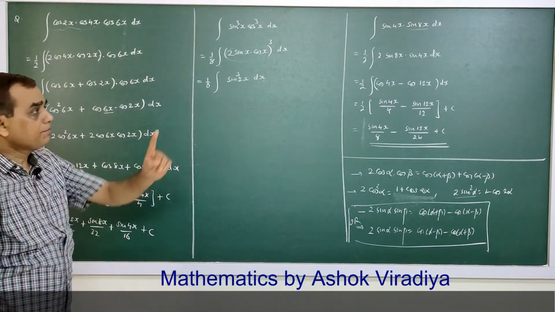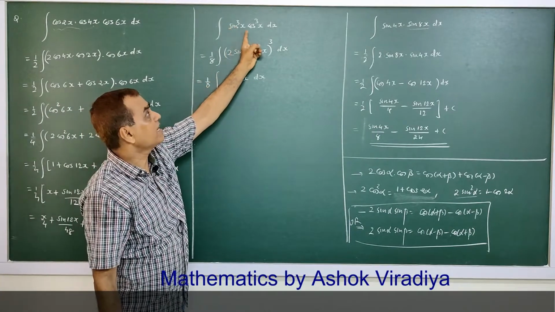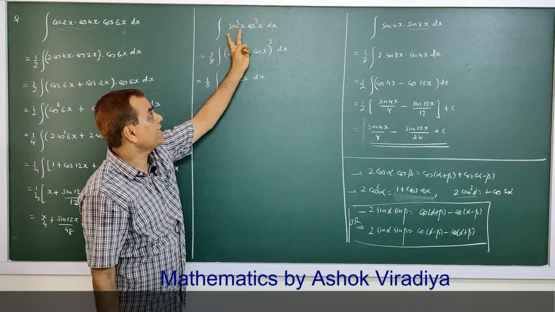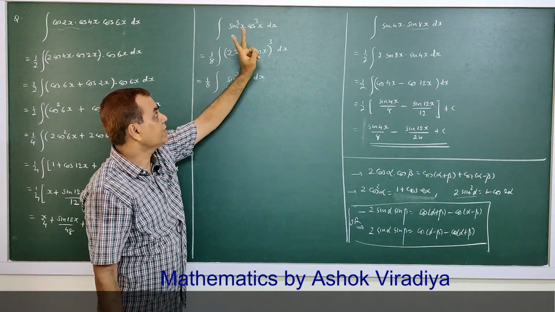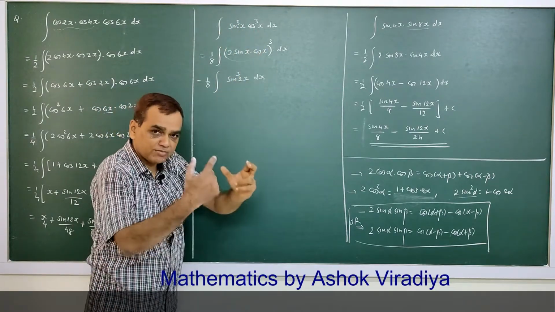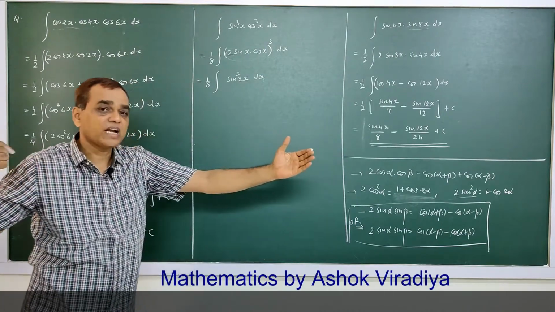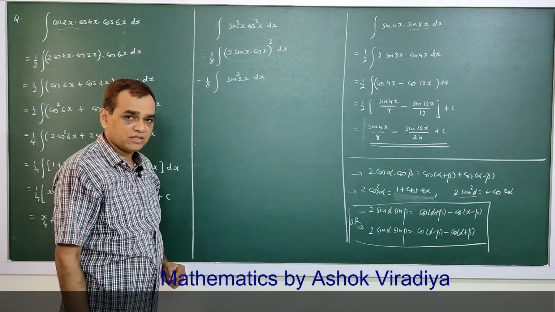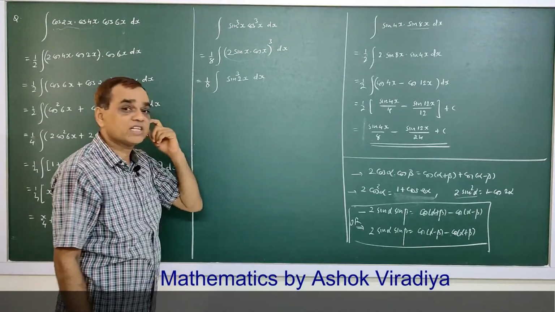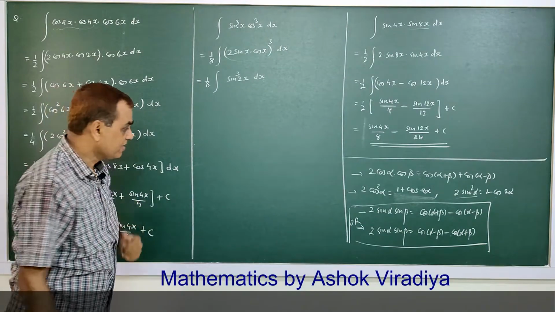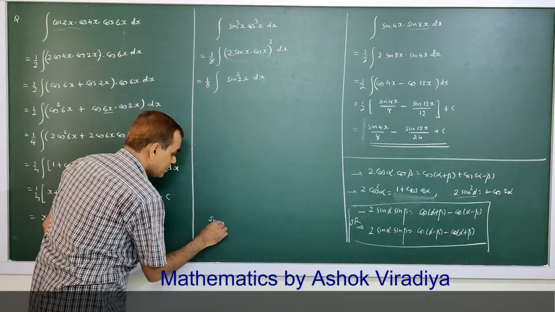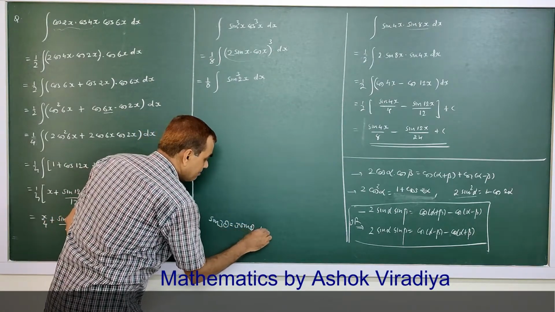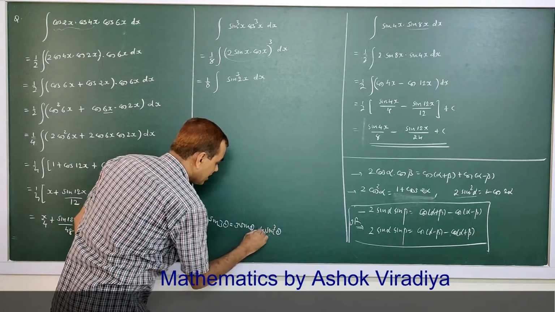So look, previously there were 6 terms in multiplication: sin x into sin x into sin x, cos x into cos x into cos x. So the length of the chain is decreased. Now 3 terms. Now the formula for sine cube, just discussed in previous questions: sine 3 theta is 3 sine theta minus 4 sine cube theta.